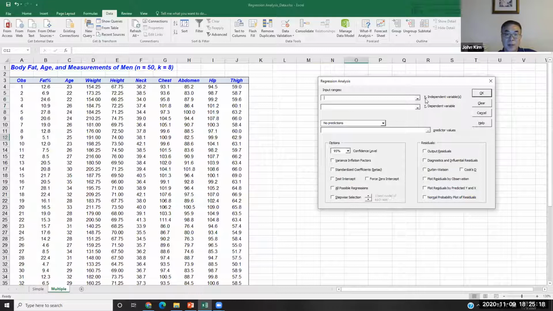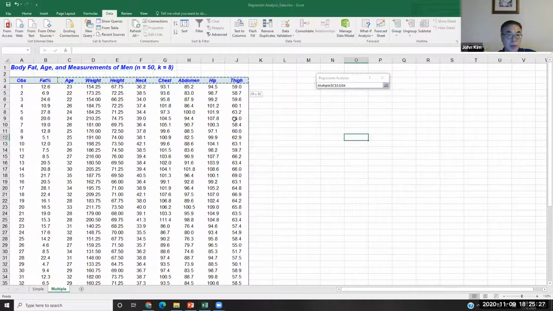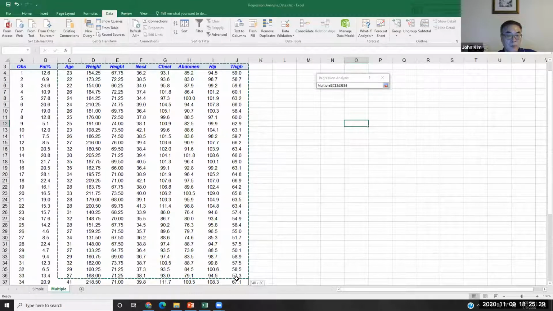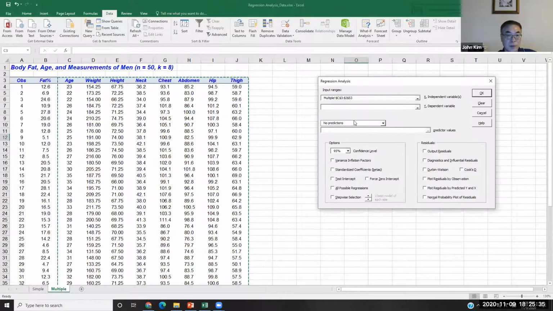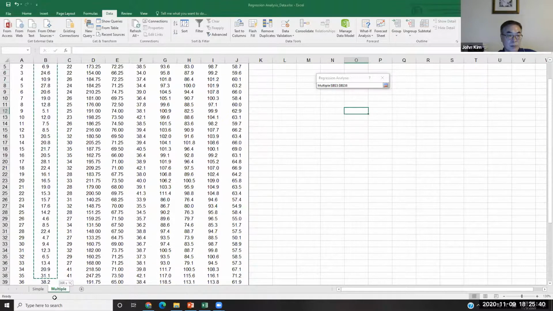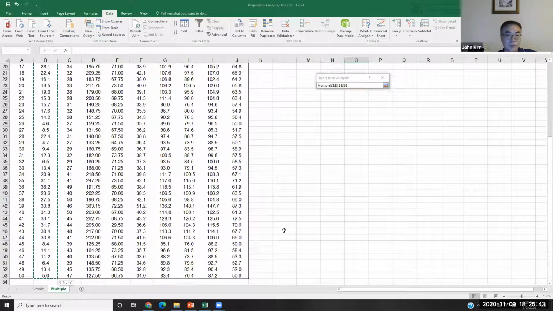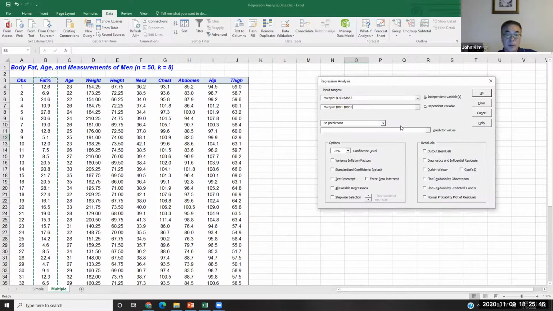The X independent variables are from age to thigh, for 50 samples, and the Y variable is fat percent. We don't need a forecast, just to develop the equation. So click OK.